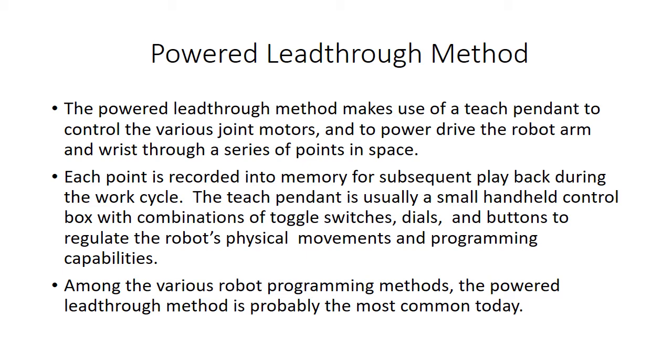Powered lead through method. The powered lead through method makes use of a teach pendant to control the various joint motors and to power drive the robot arm and wrist through a series of points in space.